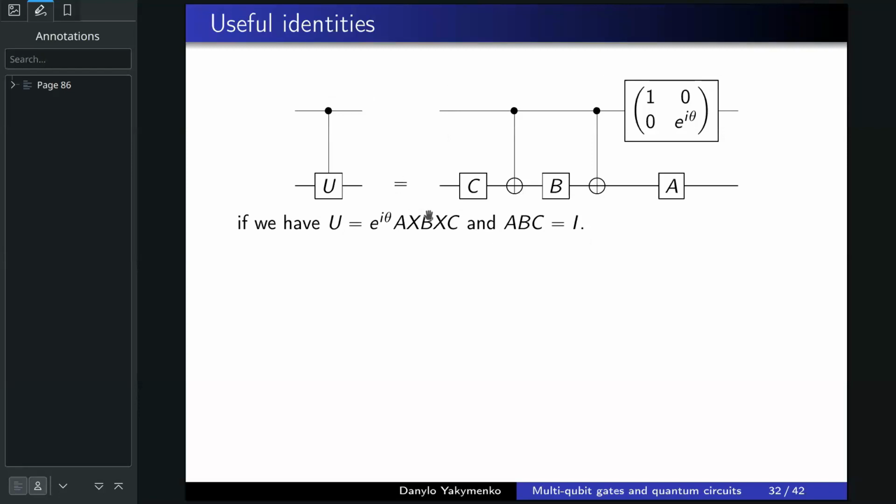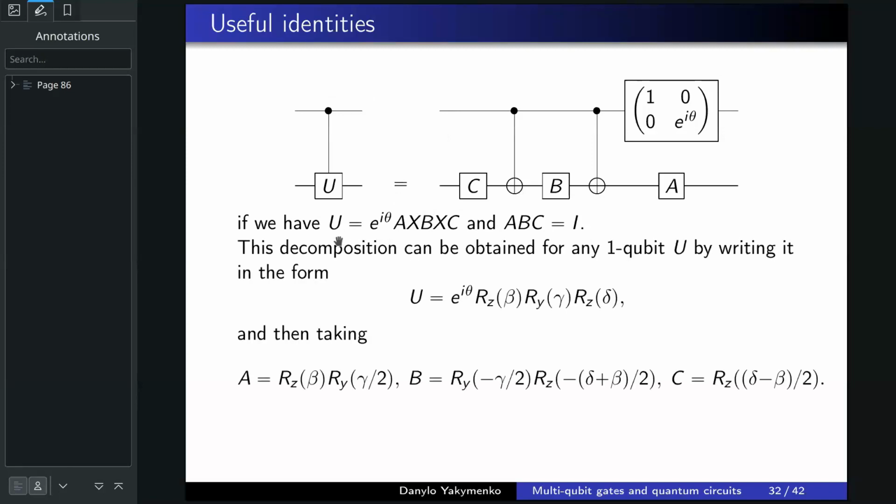And we can write it for any single qubit unitary U. So it is possible to find this decomposition for any U. To do it, what we need is to express this unitary U in this form.